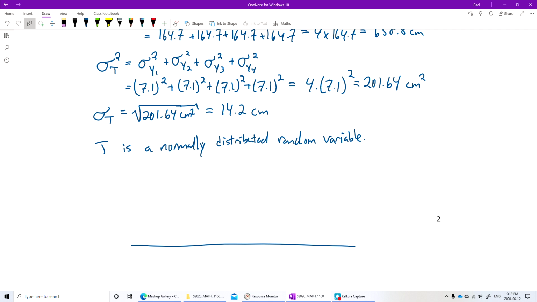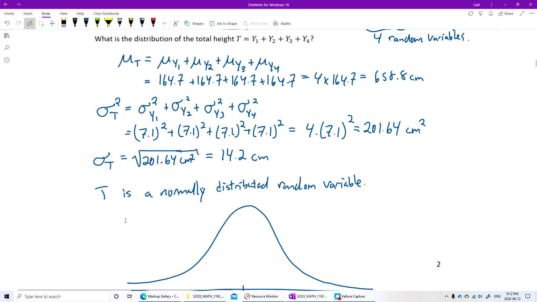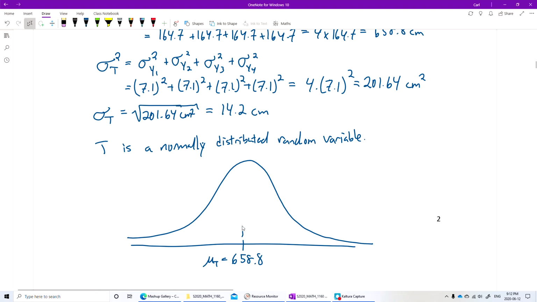If you want to know why, we need to study more probability theory. There's always more, right? But we have to draw a line. Okay, so what's the distribution for the total of 4 women? It's going to be a mean of, we just found it, mu T was 658.8, and the spread, the sigma, was what, 14.2.